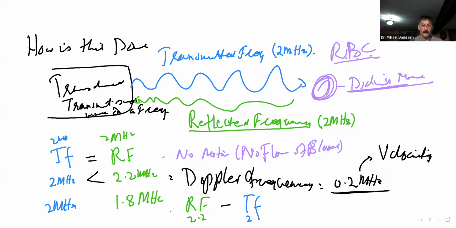In that case, we subtract 1.8 from 2, and we will end up with a Doppler shift frequency of minus 0.2 megahertz. We still use this megahertz value to calculate the velocity, but you're going to have what we call a negative Doppler shift.